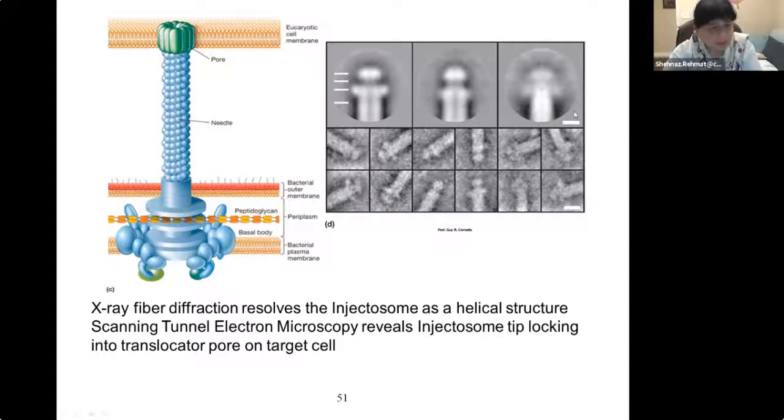If you look at these scanning electron microscopy pictures, you can see that this injectosome tip locks into the translocator pore. We call it the translocator pore, which is also created by genes in the Yersinia only. These proteins create the pore, and then the contact is made directly, and the YOP proteins are released into the host cell.